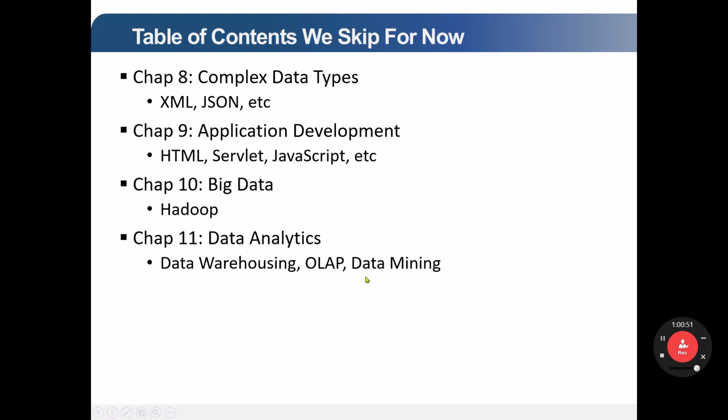data mining. What is data mining? Data mining is about finding useful information from lots of data. So people store data in a DBMS, a relational DBMS, or big data processing frameworks, and data scientists submit queries to find useful, meaningful information from the large data set. The techniques are called data mining techniques.